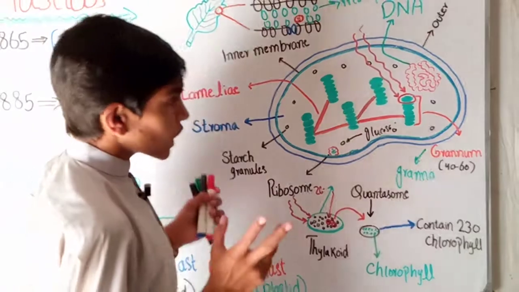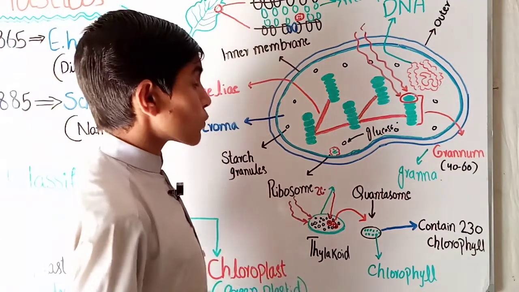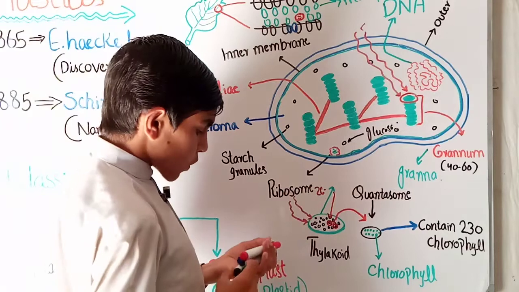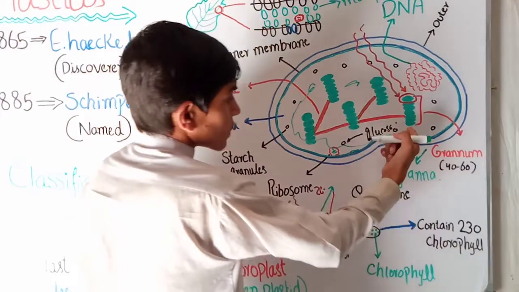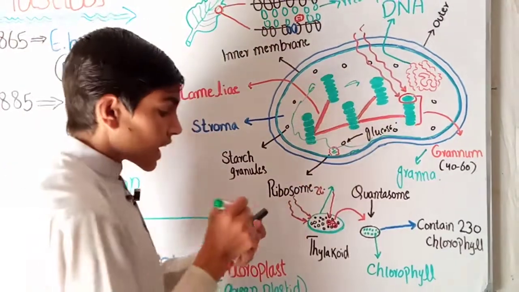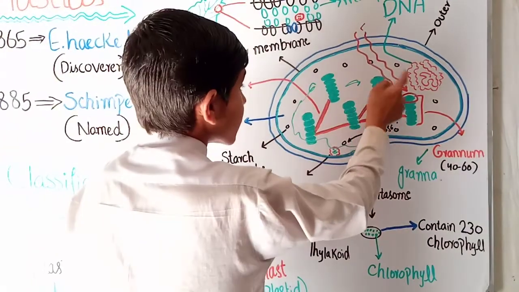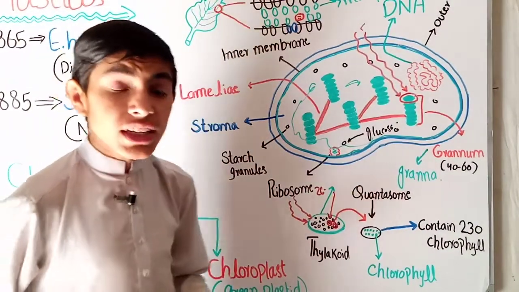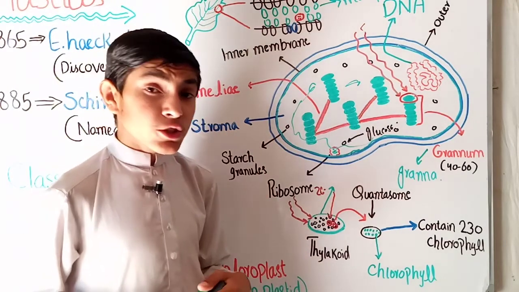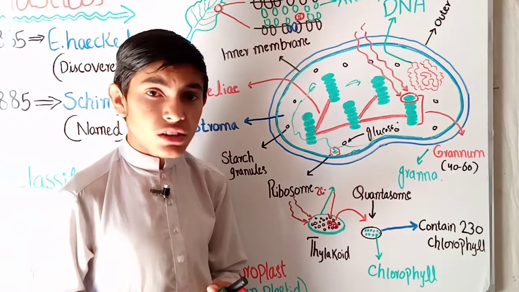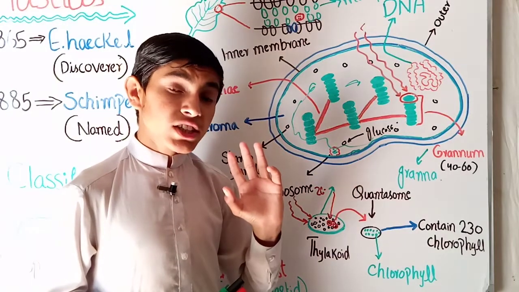Now you know about the difference between the DNA of the mitochondria and the chloroplast. Now you can see here that this whole space is called the stroma. The structure present inside the chloroplast, that jelly-like fluid, is called the stroma, and the stroma is the main site for the direct reaction when the ATP is synthesized by the thylakoid and energy is prepared.